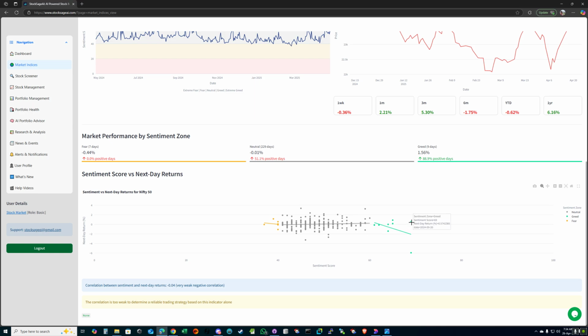There were positive numbers as well as negative numbers. I think the minus 5.92% means the market actually crashed when it was in the greed zone. So this specific graph showcases the correlation when the market is in a specific zone and how the overall next day return performs.